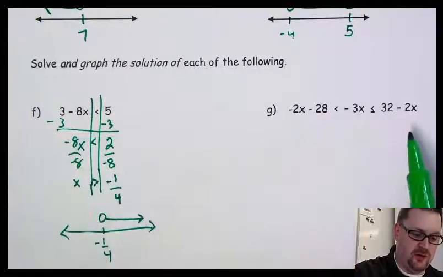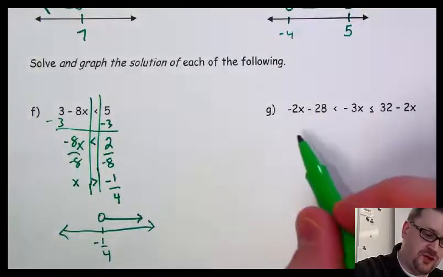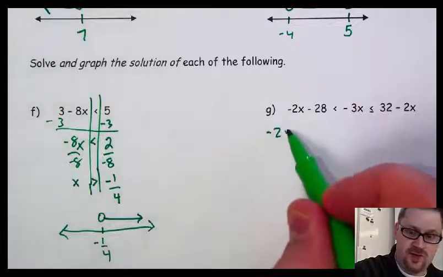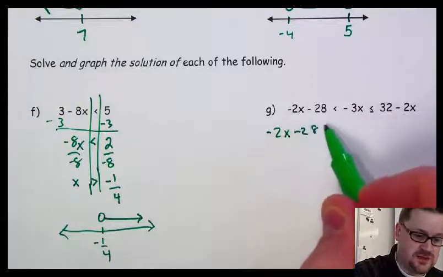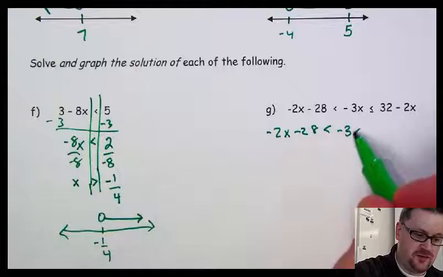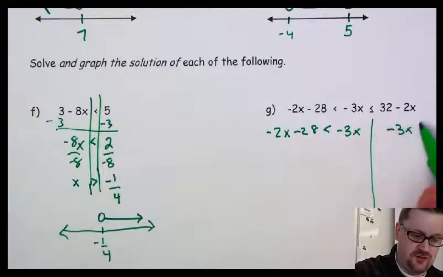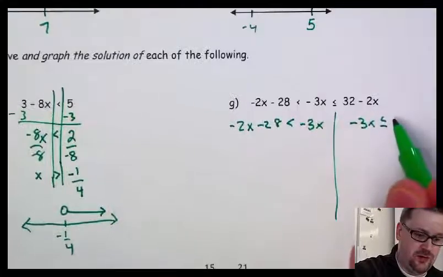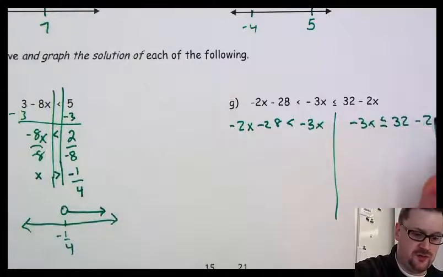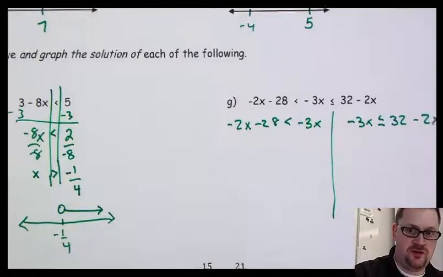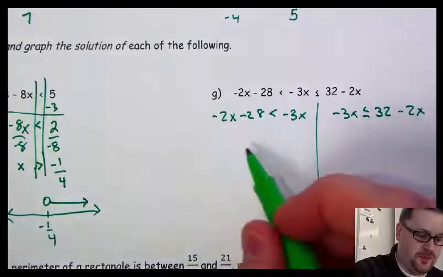We have the compound inequality here. So my first step is to separate it. So I would have -2x minus 28 is less than -3x. And I would also have -3x is less than or equal to 32 minus 2x. And I'm going to solve each of those separately.